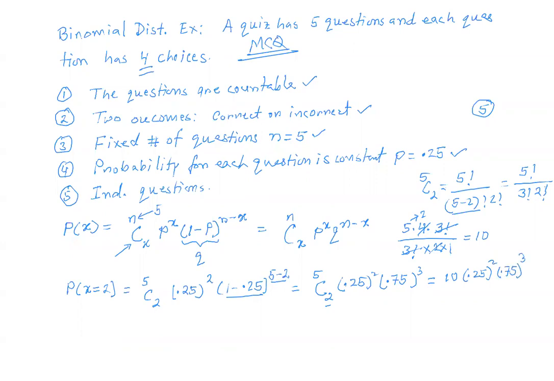Now, if you simplify this, 0.25 to the power 2 times 0.75 to the power 3 times 10 gives you 0.2636.